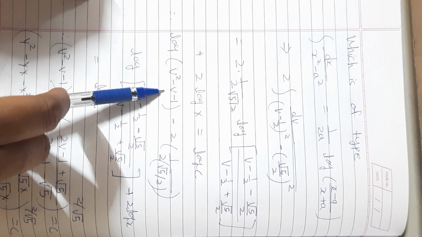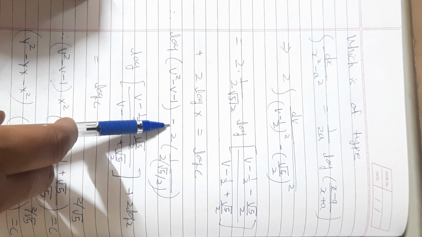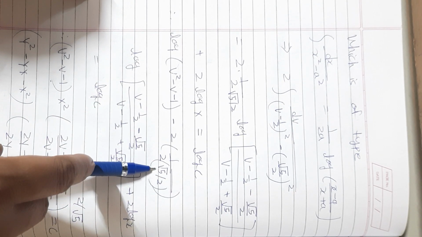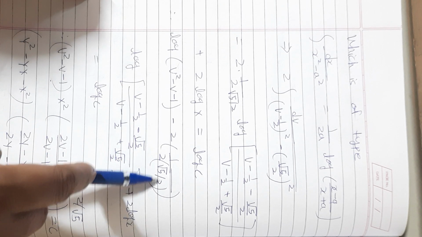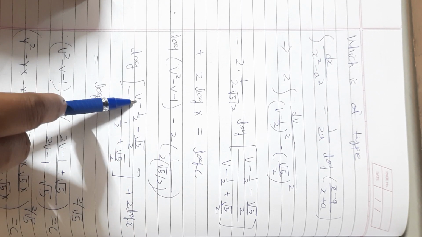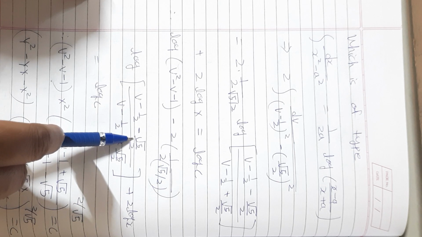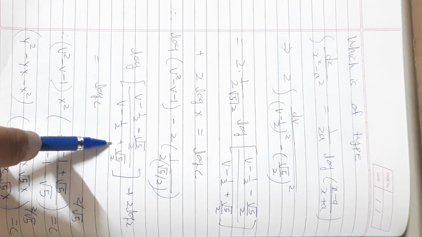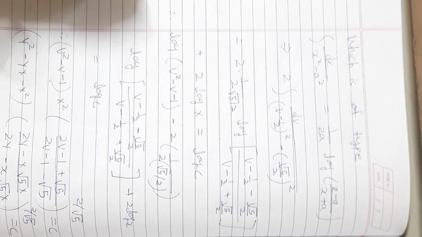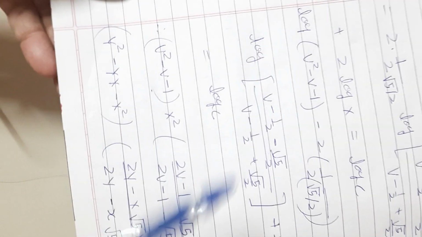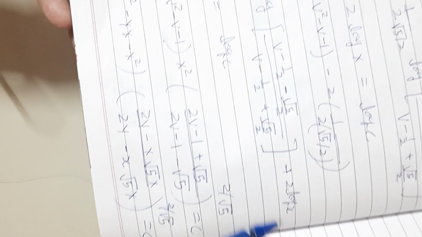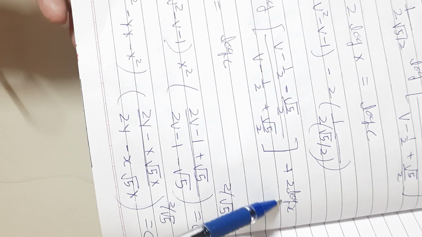Therefore, log of (v square minus v minus 1) minus 2 into 1 upon 2 into (root 5 upon 2), therefore log of (v minus 1 by 2 minus root 5 by 2) upon (v minus 1 by 2 plus root 5 by 2), plus 2 log of x, which is equal to log x, because this log gets cancelled, and after that 2 log x.